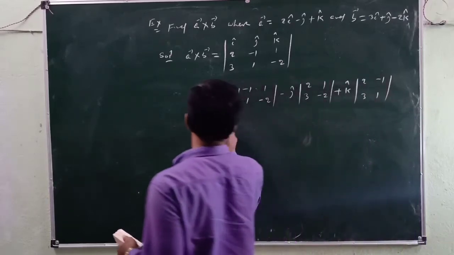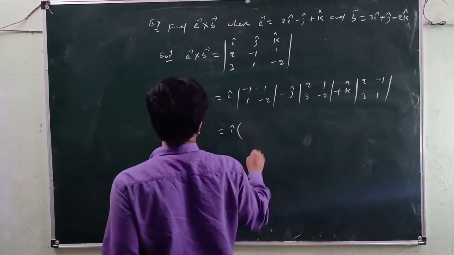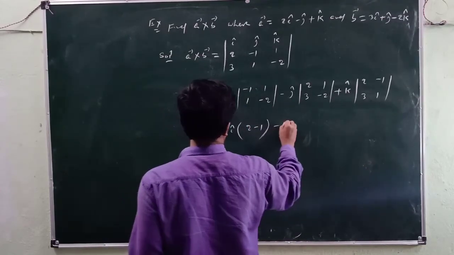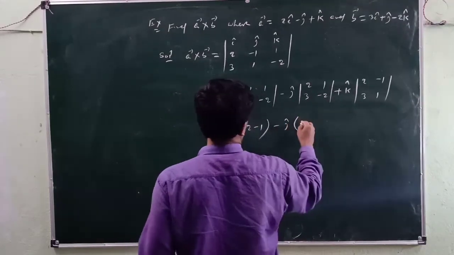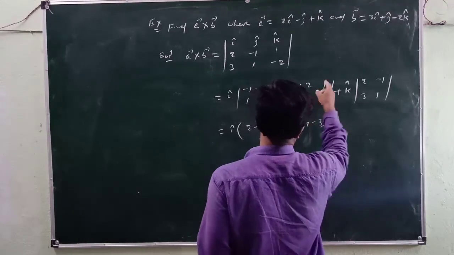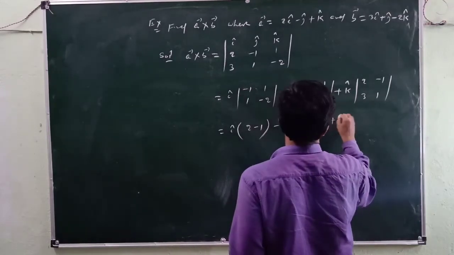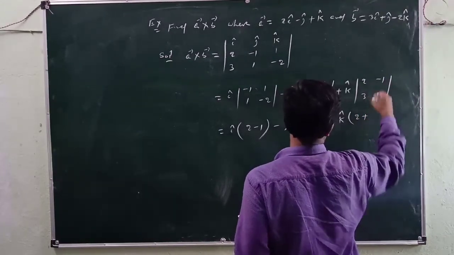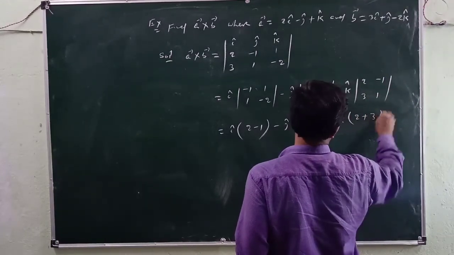So that equals i cap into 2 minus 1, then minus j cap into minus 4 minus 3, then plus k cap into 2 plus 3, since minus of minus 3 will be plus 3.